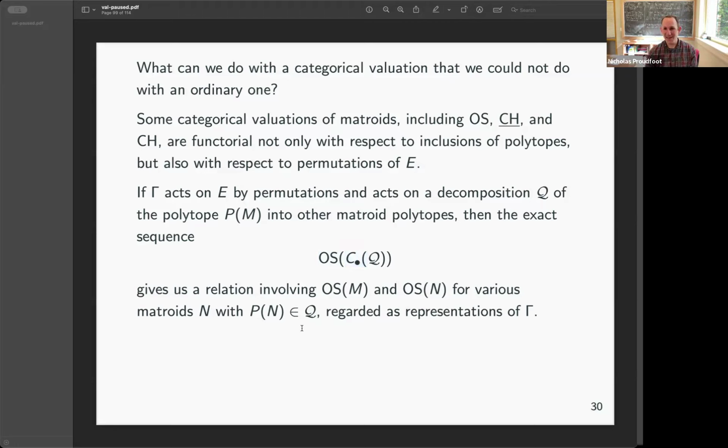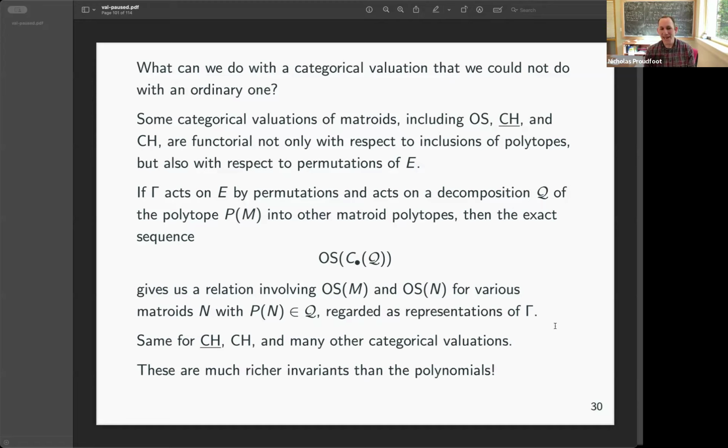And I get an exact sequence of graded representations of gamma, rather than just of vector spaces. So I can use it to compute these Orlik-Solomon algebras, not just as vector spaces, but as representations of my group. And similarly for the Chow ring and augmented Chow ring and many other categorical valuations.